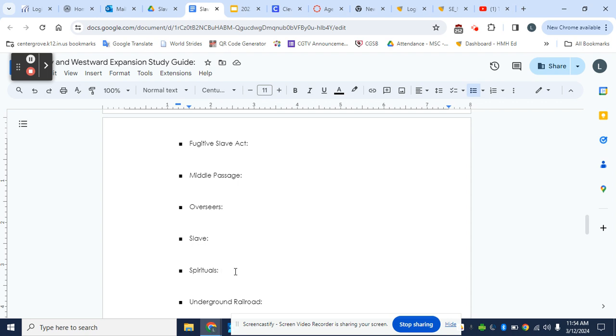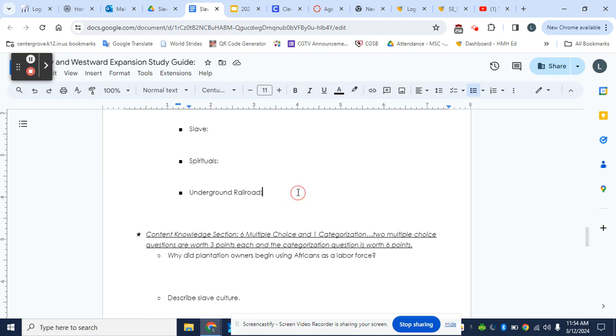Spirituals could mix several different African cultures because not all slaves were of the same African culture or spoke the same African language either. So it could mix several different African cultures together, along with some European elements as well. Spirituals are going to be songs that slaves would sing to kind of mentally allow them to escape the hardships of slavery that they face day to day.